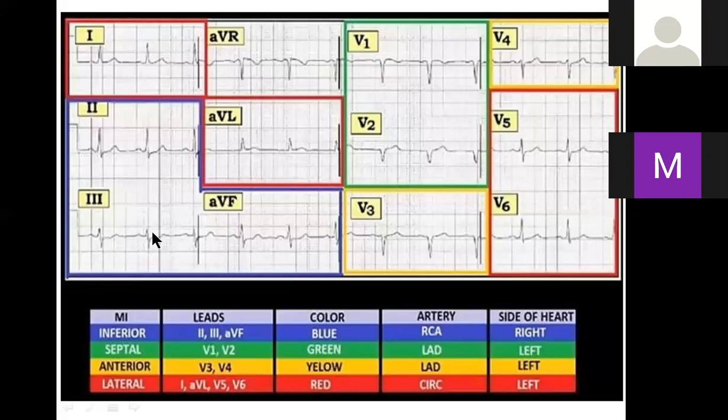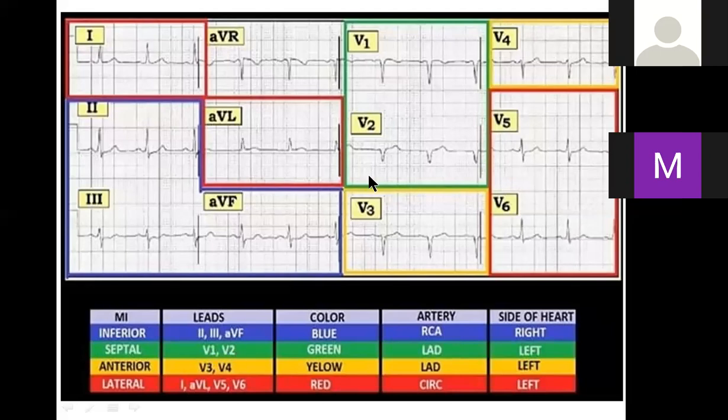You will see Q waves, T wave, and ST segment here. Whenever the T wave is inverted, this will be inferior ischemia. If the ST segment is elevated, this is acute myocardial injury, inferior. And if you see a Q wave, this is myocardial infarction in the inferior leads.